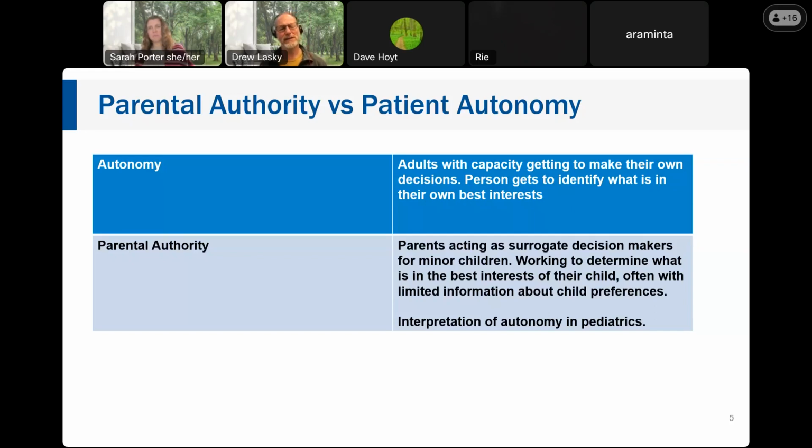And again, even in surrogate decision making, the implication of that phrase would be that you're only considering what the preferences of that patient would be, or trying to understand and take into consideration what they know about their child. But with respect to parental authority, when parents are making decisions for their child, it's not just specifically about the child. There are other aspects being considered.